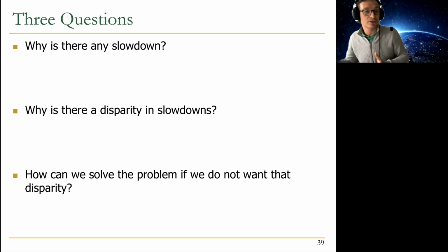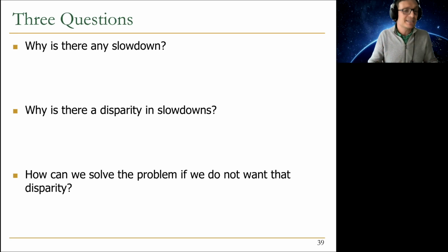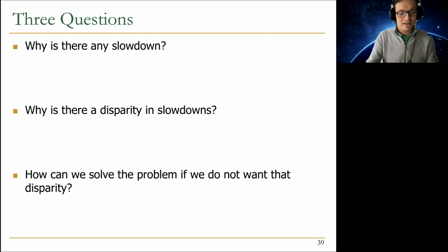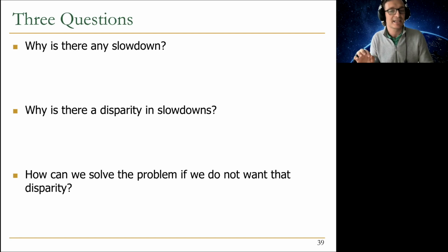Now, this could be due to thermal throttling. It's not in this case because we actually verified that that's not the case. These workloads are running at a nice temperature, let's say. And also, if it were due to thermal throttling, it's a very unfair way of throttling the system, I would say. It's really doing a bad job, throttling one core only and penalizing one core.